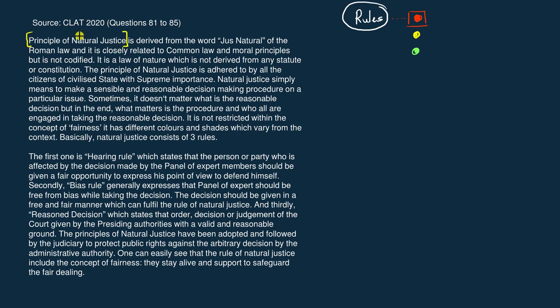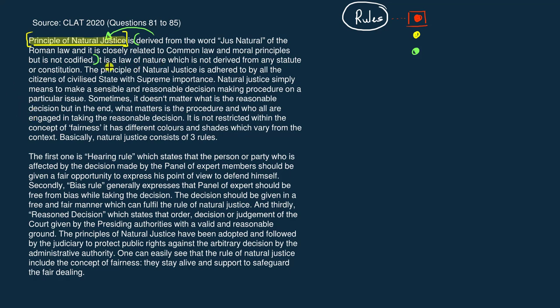The discussion, ladies and gentlemen, is about the principle of natural justice. Wonderful. The next part is the detail of it, giving certain details of what the principle of natural justice is: the fact that it's not codified, it is related to common law, it is moral principles. But what we need to understand from sentence number 1 is that the discussion is going to be about principles of natural justice.